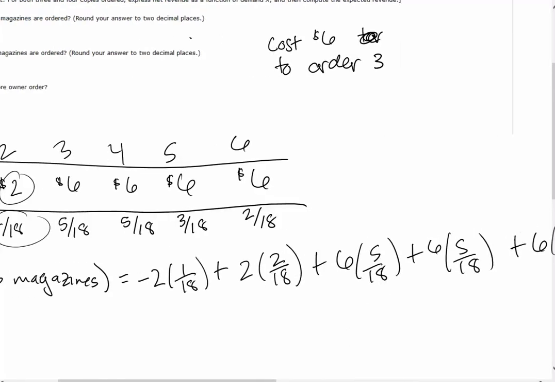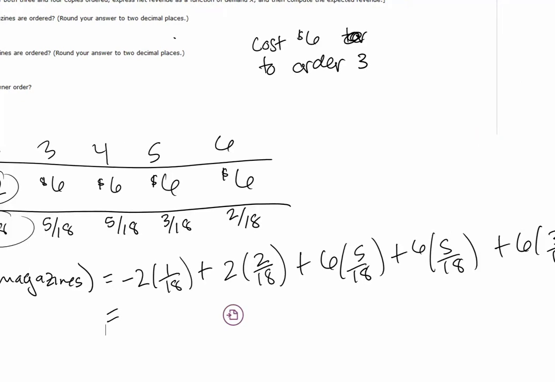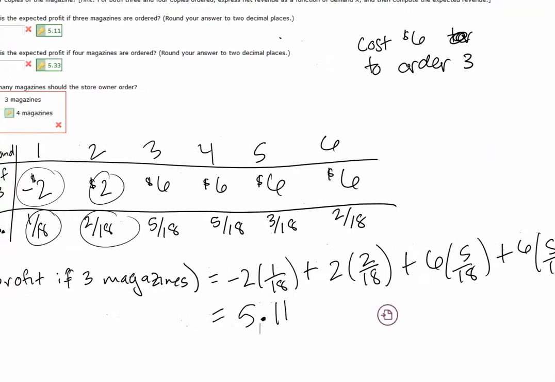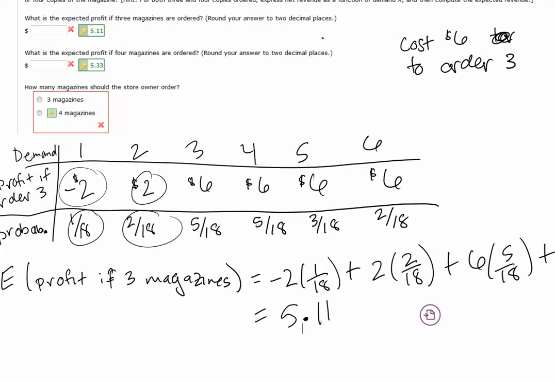And now I get to put this in my calculator. And if I did this correctly, putting in my calculator, I get 5.11. This means that over many, many weeks, if he orders 3 magazines per week, his expected profit is going to be $5.11 for the magazines.